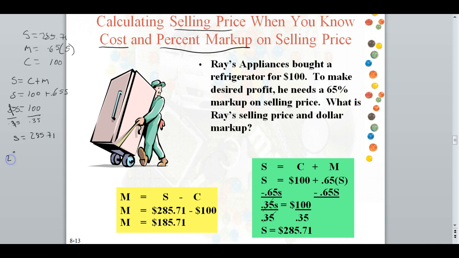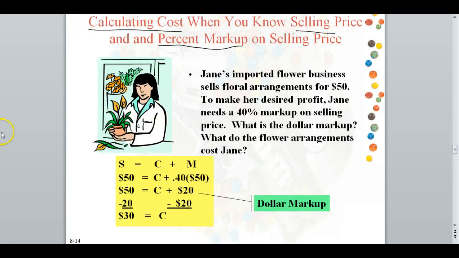Let's plug it back into the formula. 285.71 equals our cost, 100, plus our markup, which we're going to solve for. Subtract over 100. 185.71 equals our markup. So now, instead of having this variable as a markup, we know it's 185.71.